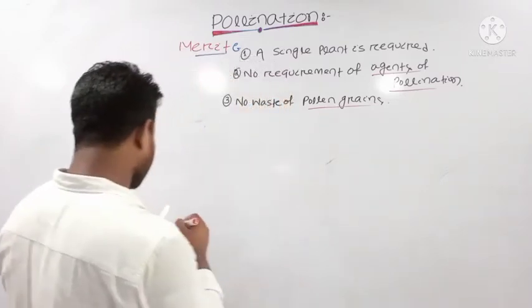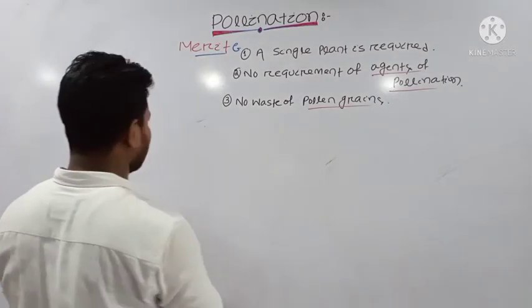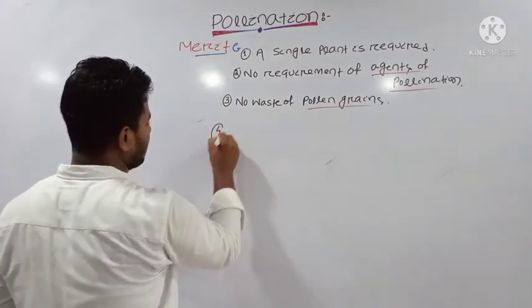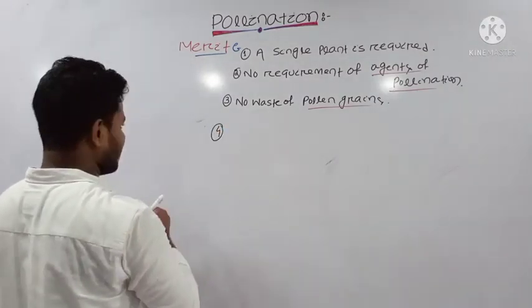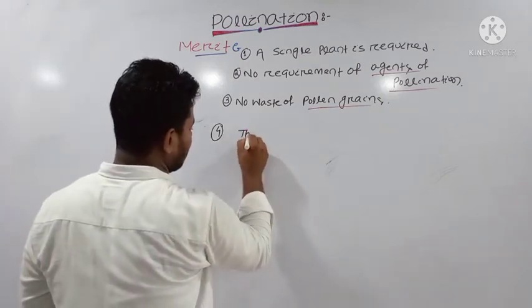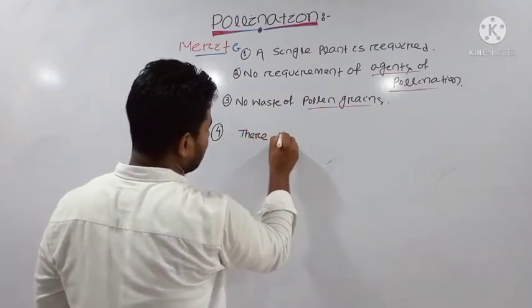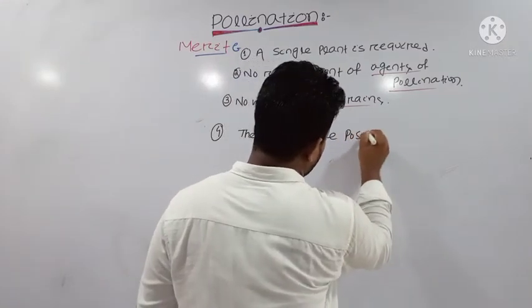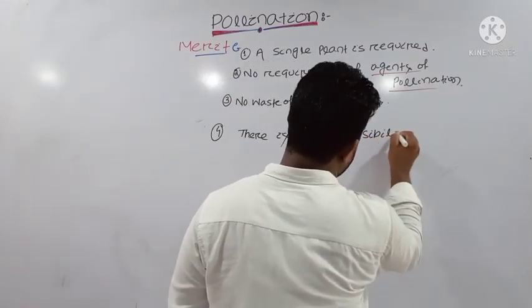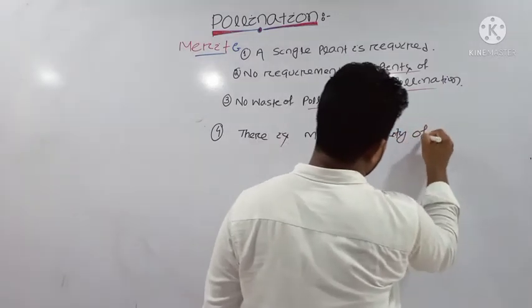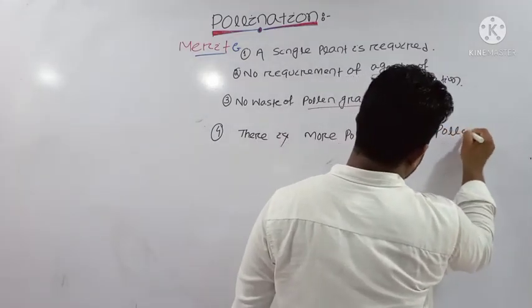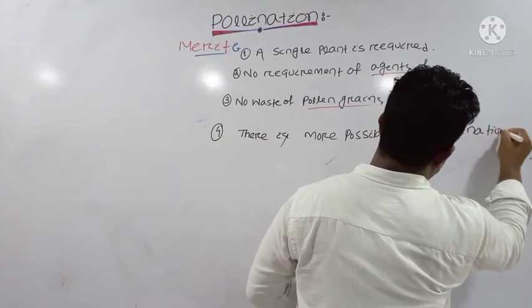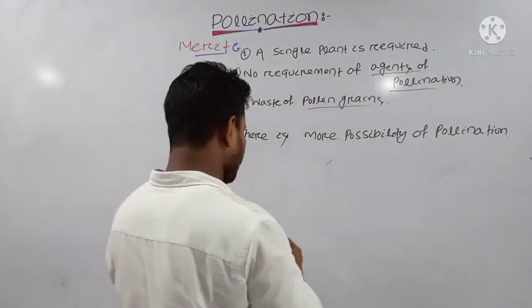Okay. Then the next important merit is the fourth point: there is more possibility of pollination. Then how is it possible?